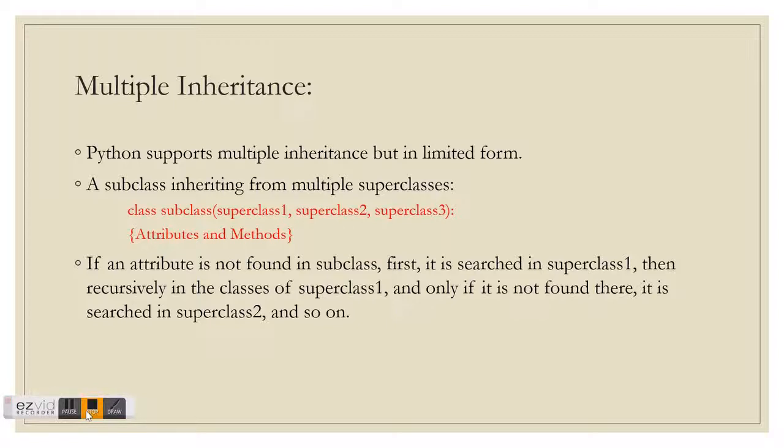Whenever I try to invoke a method by an object which is an instance of subclass, first it will be checked in the definition of subclass. If it's found, it will run from there. If not, then the search will be in superclass 1 because it is the leftmost in the definition of subclass. And if it's not there, then the search will be in superclass 2 and so on.